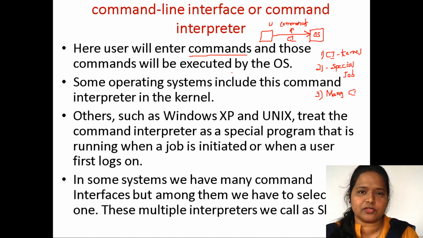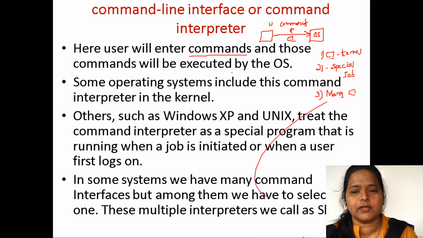A special task or special job means that whenever the user wants to execute a program, we call on a special task like this. In that manner we execute the command line interpreter in some systems. In the first two cases we have seen that it is in the kernel and that it is a special job.